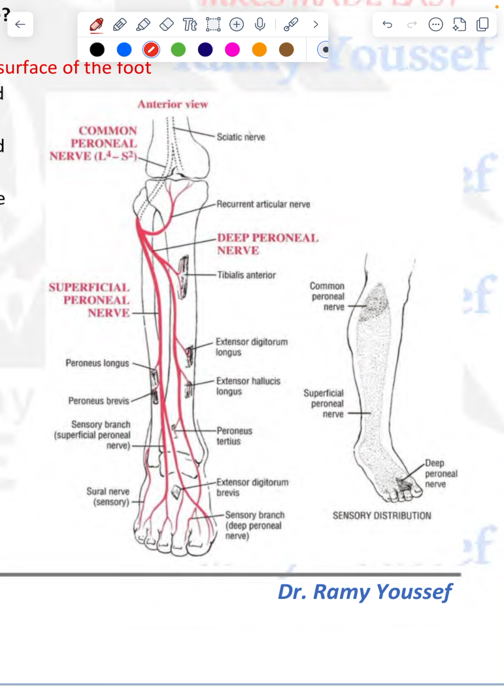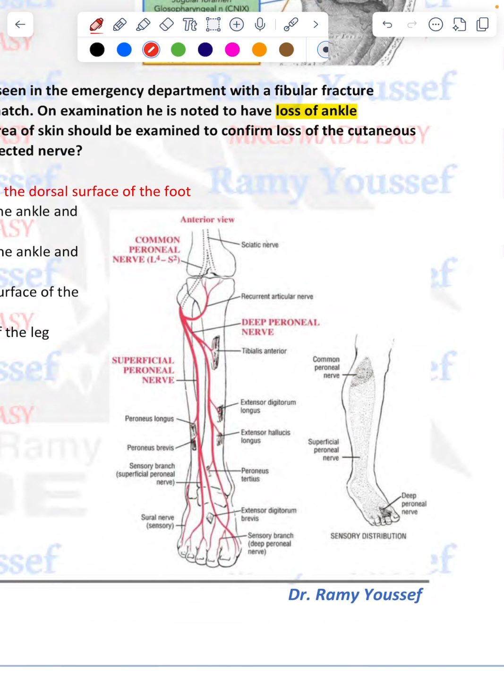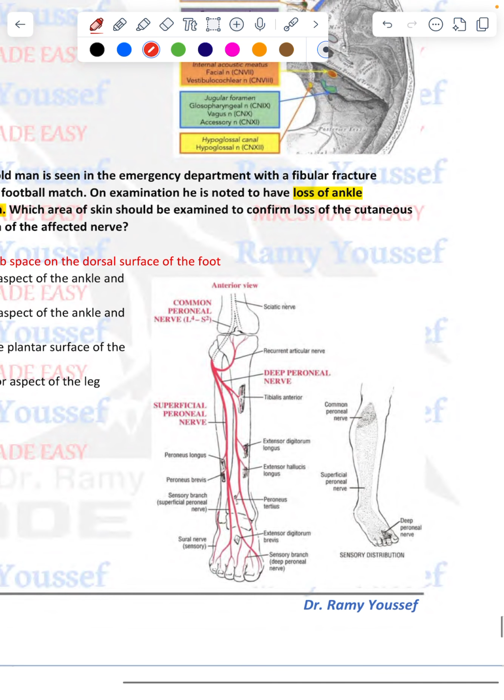This is for eversion of the foot. Inversion as well as dorsiflexion is by the deep peroneal, and the deep peroneal supplies the first web. The common peroneal is total dorsiflexion. This is the common peroneal.